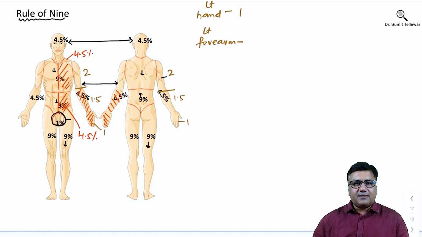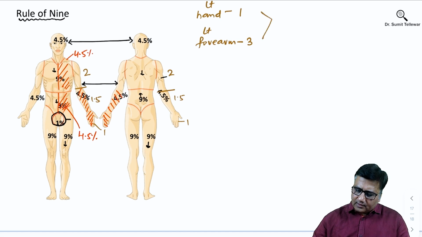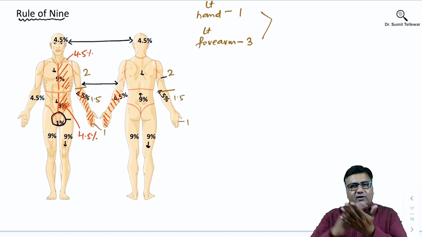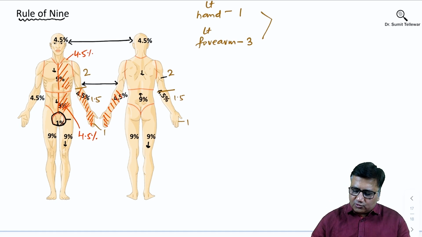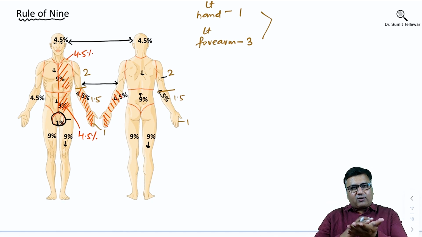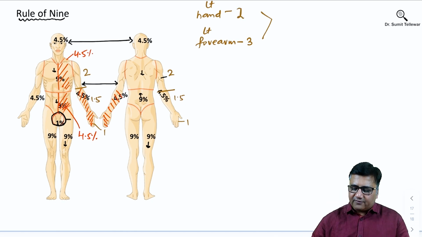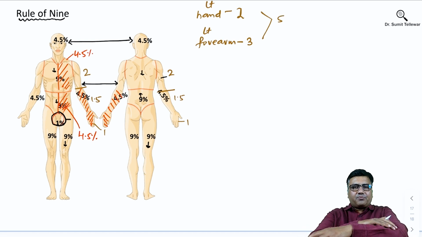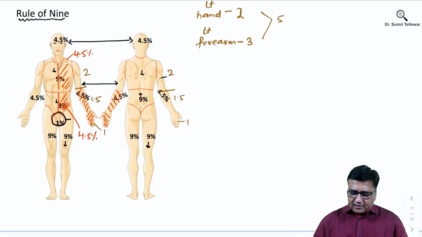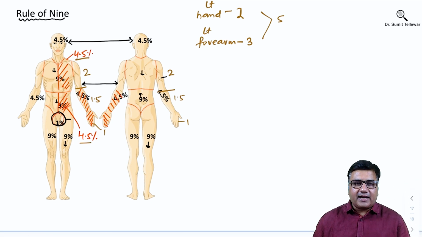It becomes 3. The total becomes 5. So 5% is involved in the upper limb, and 4.5% plus 4.5%, which is 9%. So in total it becomes 9 plus 5, that is 14%, right?